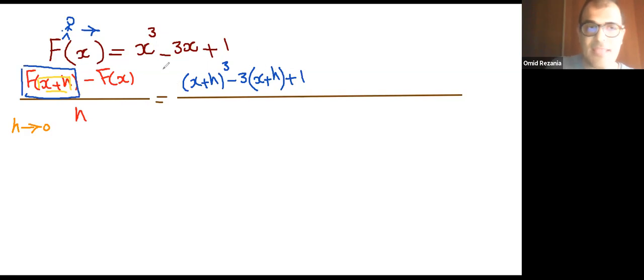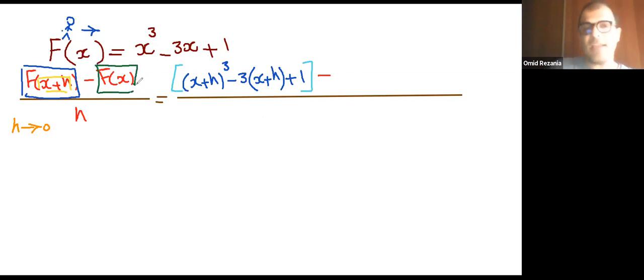That's why I showed that in blue. Okay, now I'm just going to move on to the next step. I know that this one is going to be my first term. I put that inside the parentheses. And I know that I have to put the minus sign here. And I move on to find the f of x. For the f of x, I'm just going to write that in green.